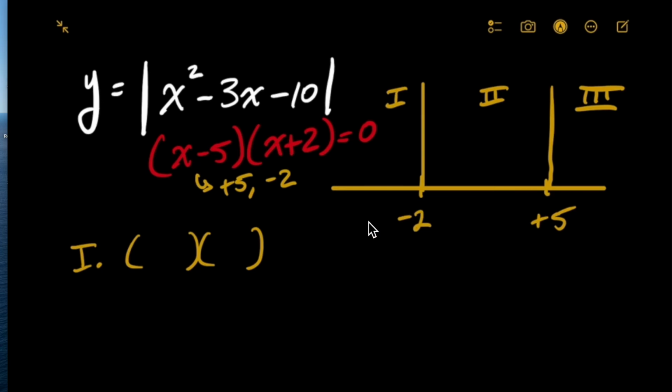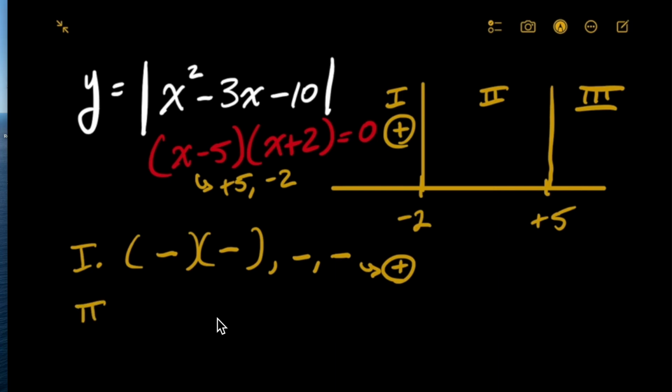So for zone 1, I'm going to use -3. If I plug in -3 here for x, I'm going to get -3 minus 5. That's a negative value. And if I plug in -3 here, I'm going to get another negative value. So because I got a negative and a negative, and the number of negatives is even, the function's going to be positive. So I'm going to put positive here.